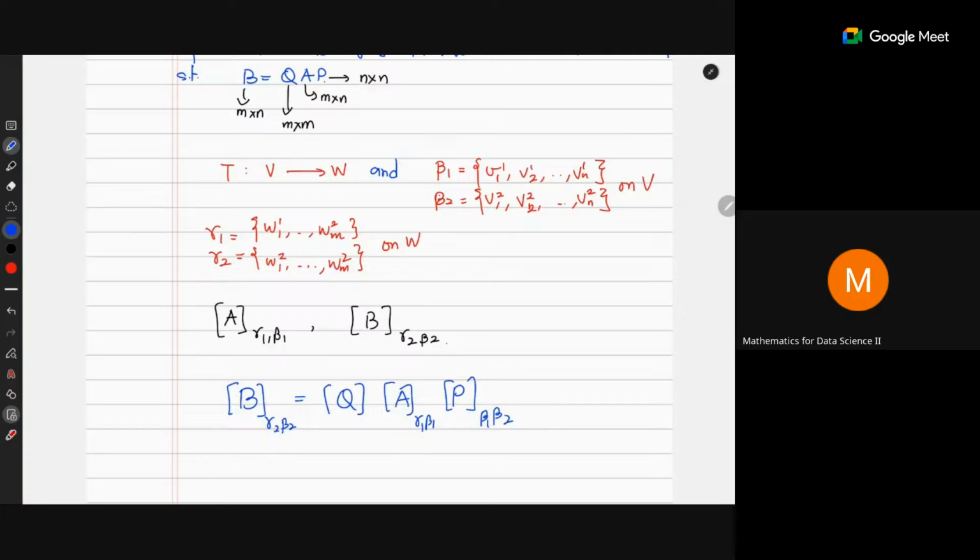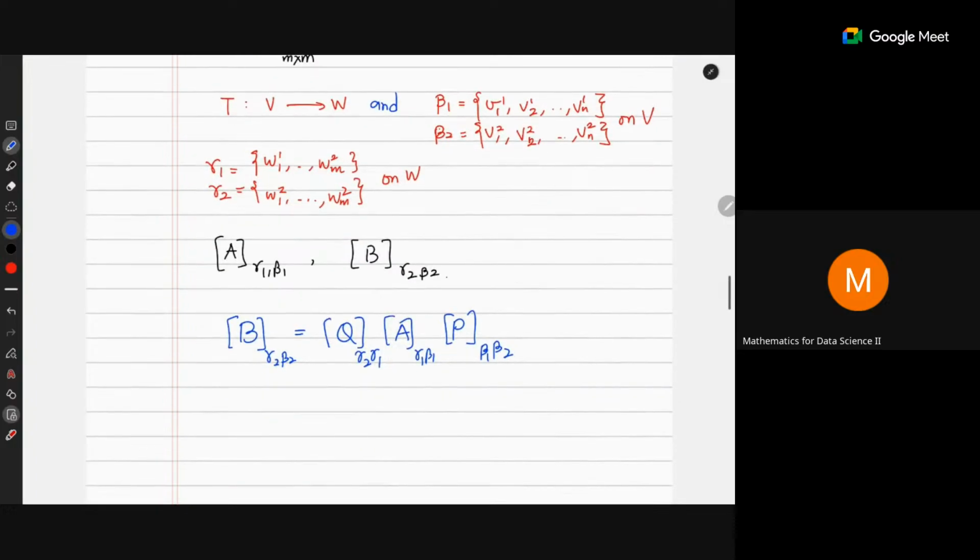And now I want the result in terms of gamma 2. So I need some matrix over here which will convert the result of this matrix, which is going to be in gamma 1, to gamma 2. This is what Q does. Q is a machine which takes entries in gamma 1 and returns them in gamma 2. This is how I denote it.